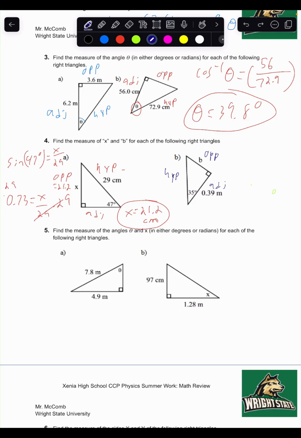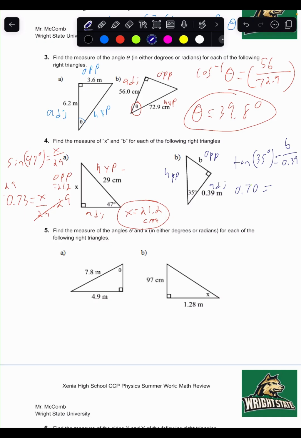Okay, so we got our adjacent side. We want our opposite side. Opposite and adjacent is tangent. So I can say tangent of 35 degrees equals opposite over adjacent, which is b over 0.39 meters. Tangent of 35, my calculator will tell me what that is. That is 0.70.